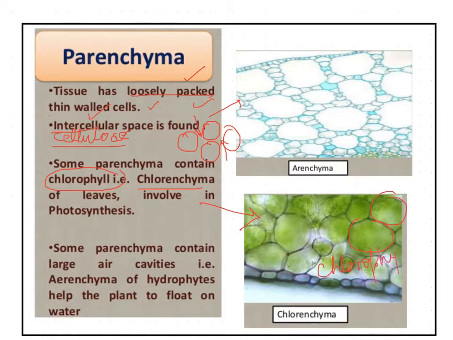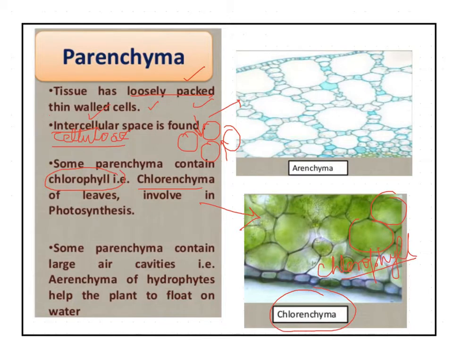What is the function of chlorophyll, everyone? Right. Chlorophyll absorbs sunlight. Chlorophyll helps in photosynthesis. ठीक है? So जब parenchyma cells में chlorophyll present होती है, जैसे कि leaves में होती है, then this helps in photosynthesis. Then we call this parenchyma chlorenchyma.